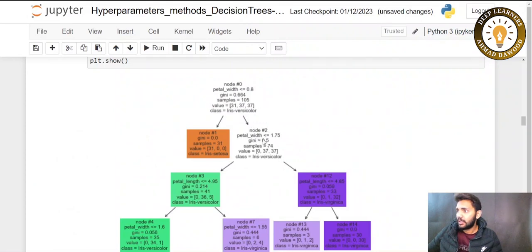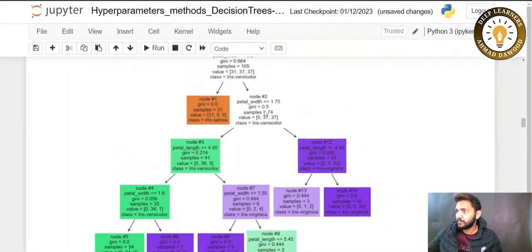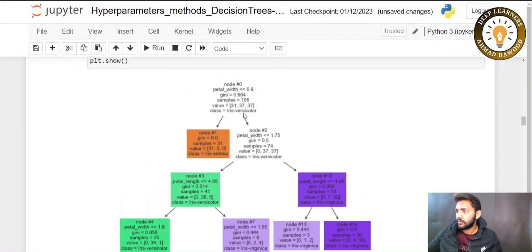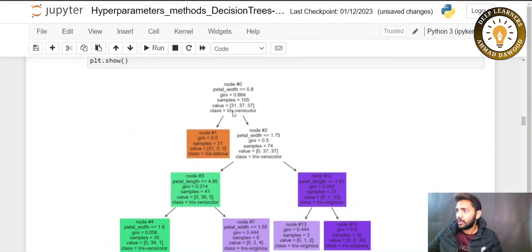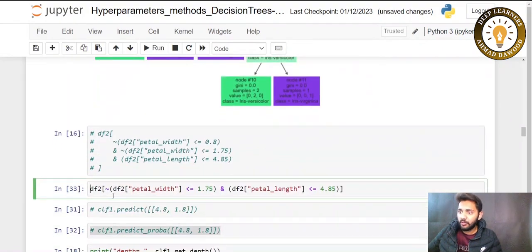The points that do not have petal width less than 0.8 will be here, and the points that do not have petal width less than 1.8 here. That's why I have mentioned negation here, so that it is negating that. I want data points that do not have petal width less than 1.75 and that have petal length less than 4.85.